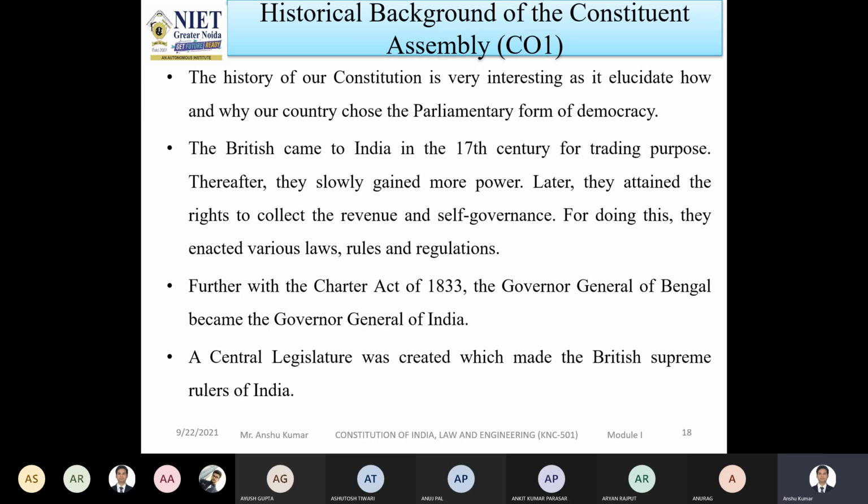Currently you can presume that Bengal at that time was Bangladesh plus West Bengal plus Bihar plus Odisha plus Jharkhand. The entire province of these areas is known as the Bengal province. So the Britishers received the Diwani right in the Bengal state in 1765.